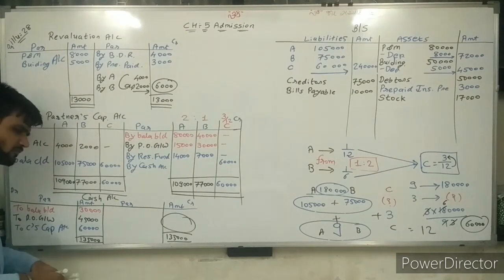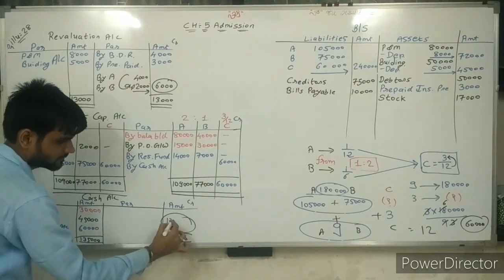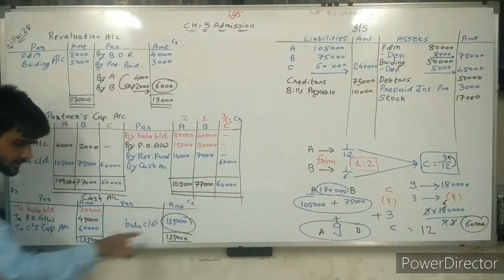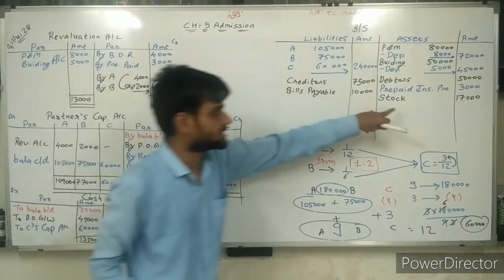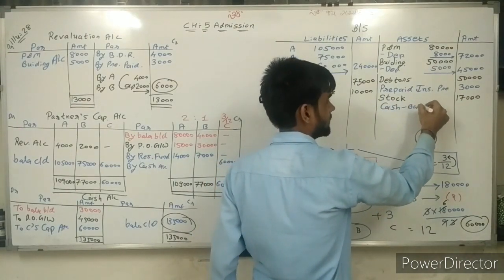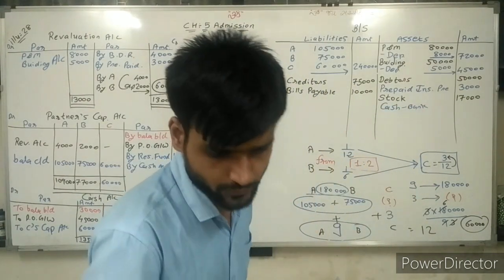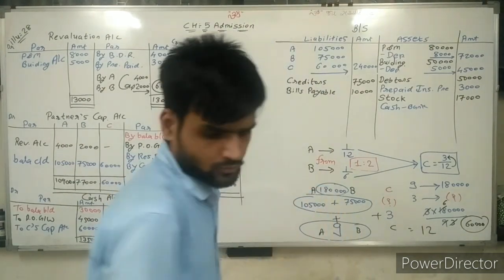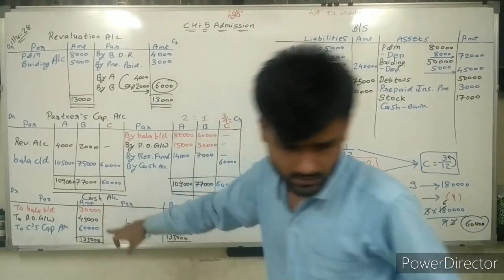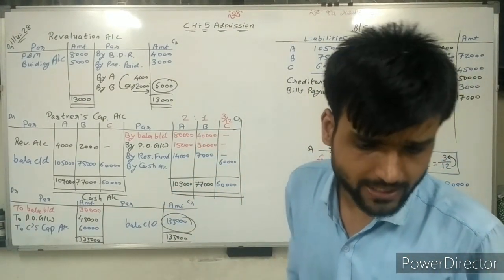Sir, what is the balance? 135 is my balance c/d. Transfer to debit, but debit is here. So we have to write cash and bank. And cash and bank amount, 33,000 is the opening balance.